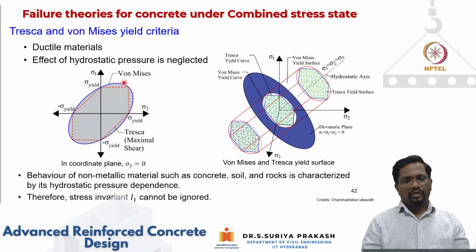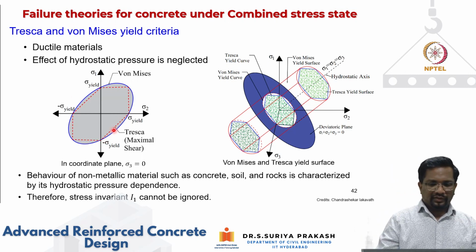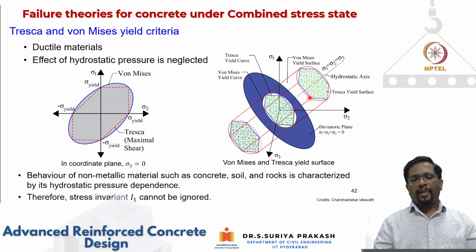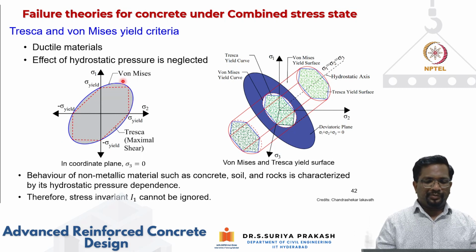You can see that this is the failure curve. The blue one, for example, is the von Mises failure criterion, which is widely used for metals. And this hexagon is the Tresca criterion, which is based on the maximum shear theory. These are the failure surfaces. The same thing in three-dimensional stress space, sigma 1, sigma 2, and sigma 3, especially how it looks along the hydrostatic axis: von Mises looks like an ellipse and Tresca like a hexagon with different sides.